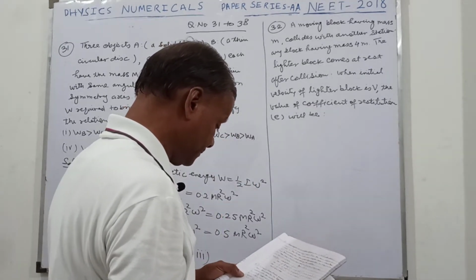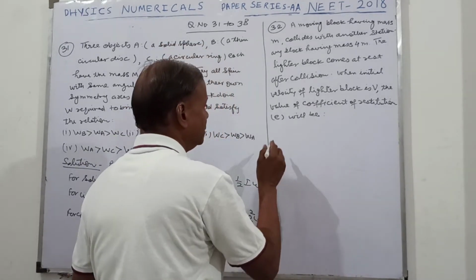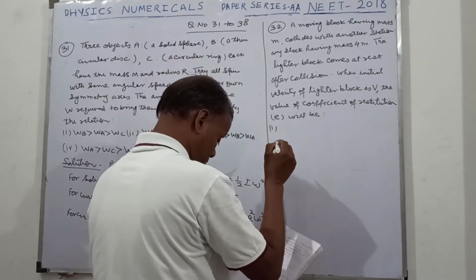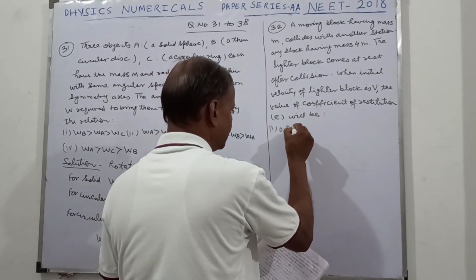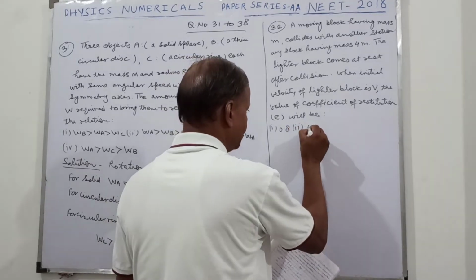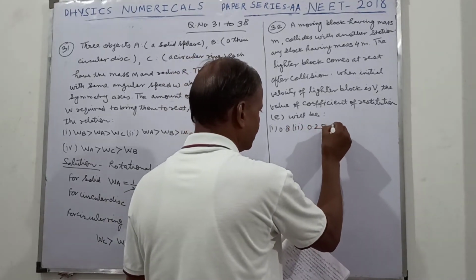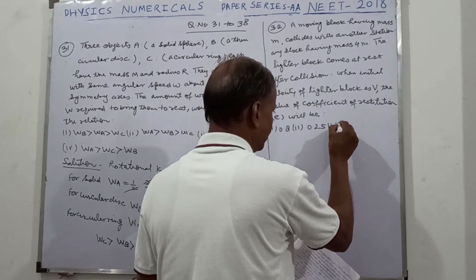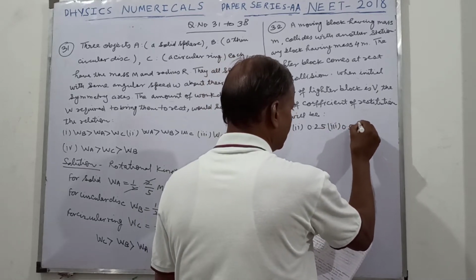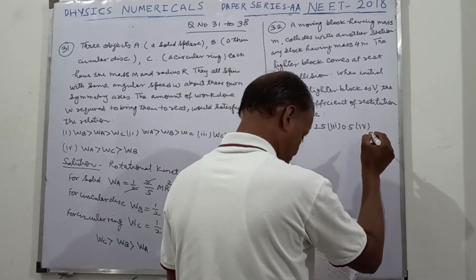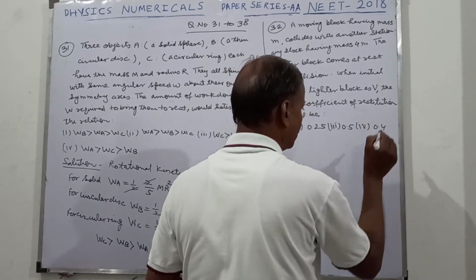The options are: first 0.8, second 0.25, third 0.5, and fourth 0.4.